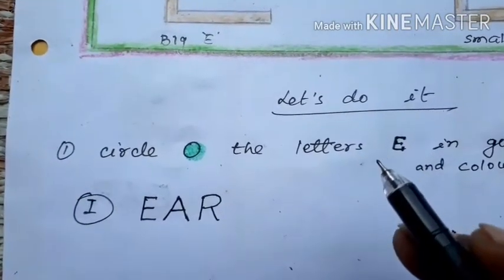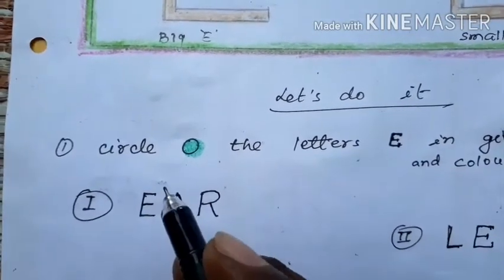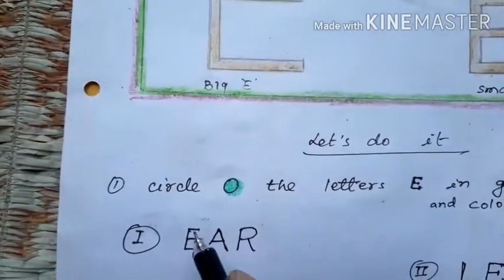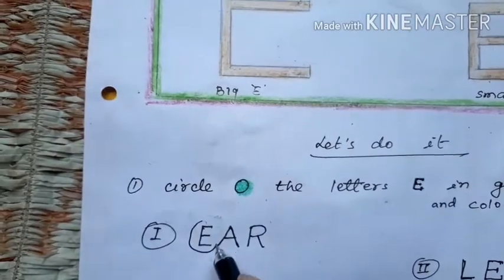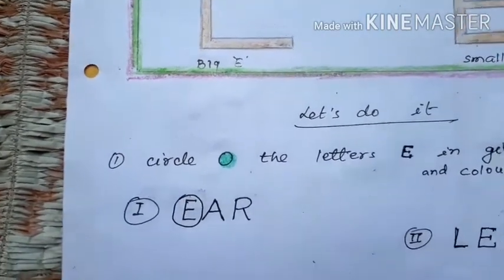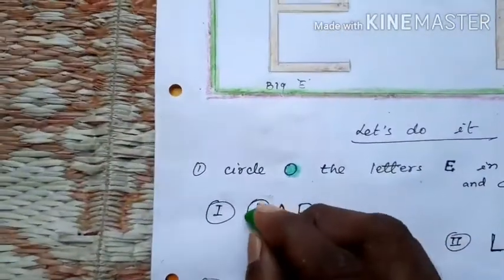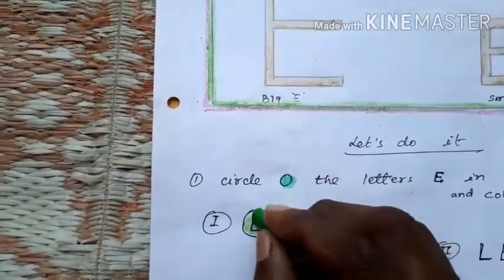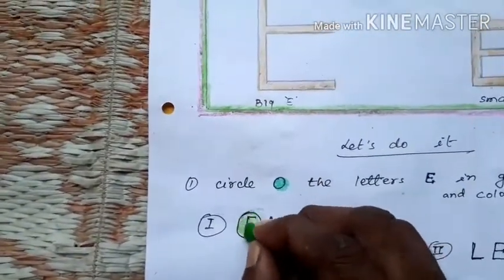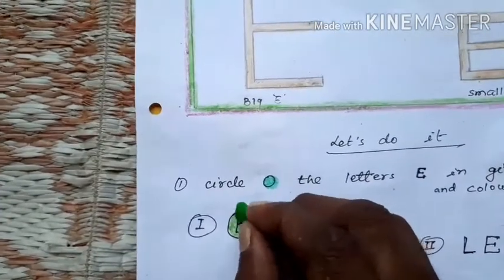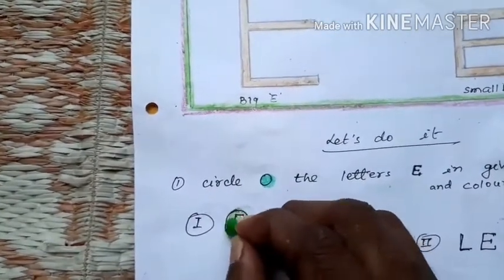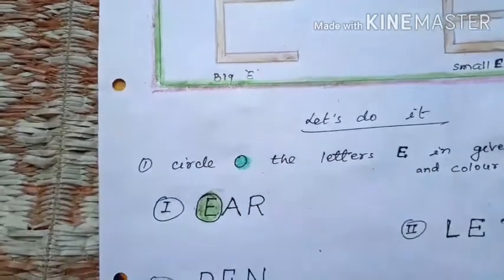So they have to circle it now and color it with green. So they have to first circle and fill with green color.